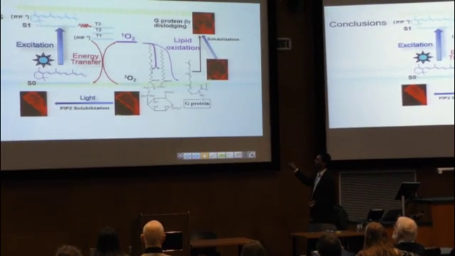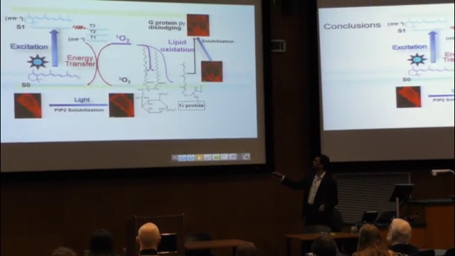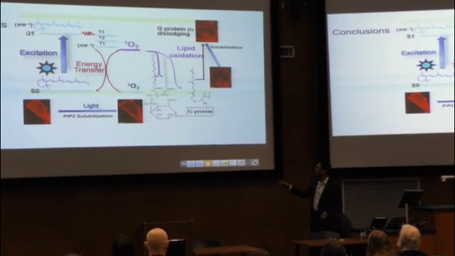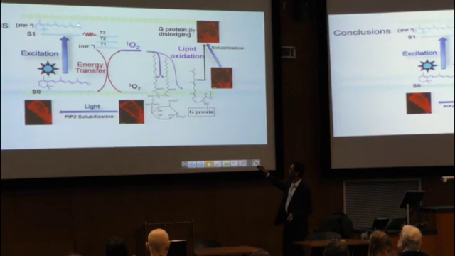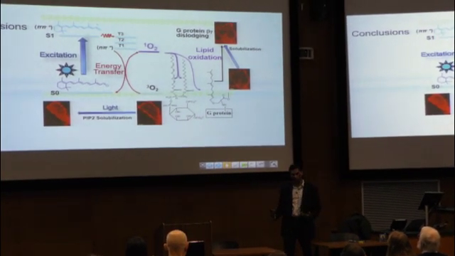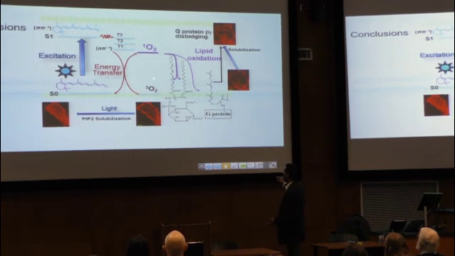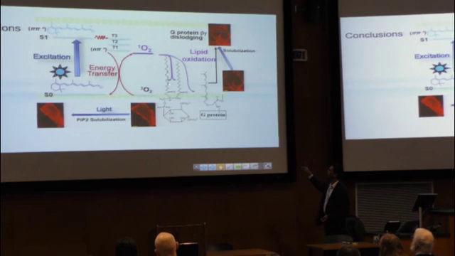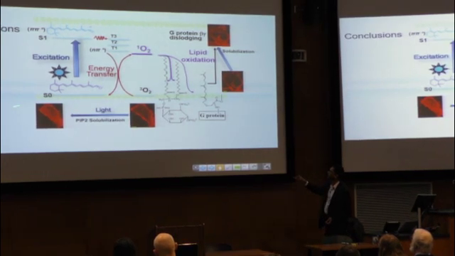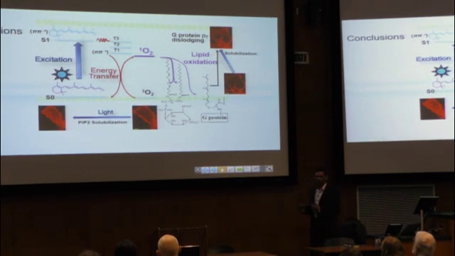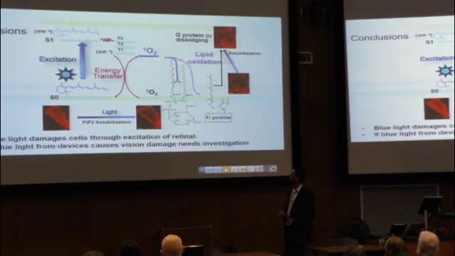We believe retinal is accumulated in the membranes of cells where lipids can go in and then get excited and transfer the excited energy into the oxygen. Our eyes are highly oxygenated, and that oxygen is converted to reactive oxygen species and ends up damaging membrane interacting molecules, including proteins and lipids, and eventually ends up damaging cells.